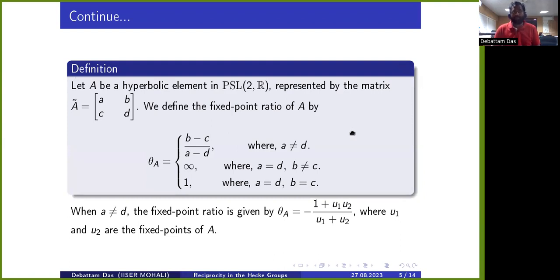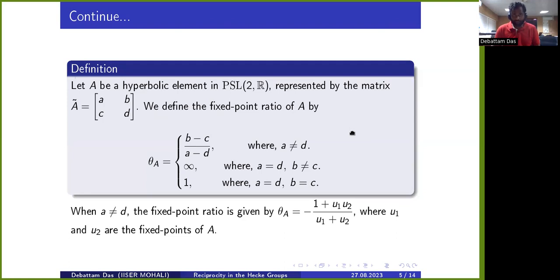Let A be a hyperbolic element in PSL2R, and let the matrix A tilde be a lift of A in SL2R. Theta A is called the fixed point ratio, and it is defined as (b minus c) by (a minus d) when a is not equal to d, infinity when b is not equal to c and a equals d, and when both equalities hold, it is 1.